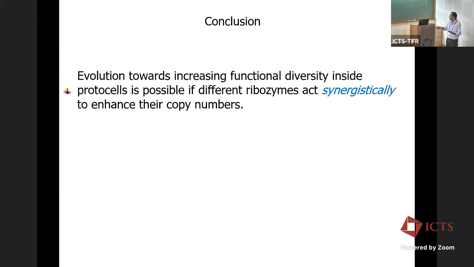So the conclusion of this is evolution towards increasing functional diversity inside protocells is possible if different ribozymes act synergistically to enhance their copy numbers. And your ultimate aim is to increase the number of useful biomolecules inside the protocells and see whether protocells having larger number of functional biomolecules start dominating. And that's what we find from these simulations.